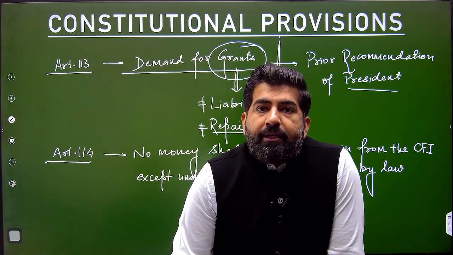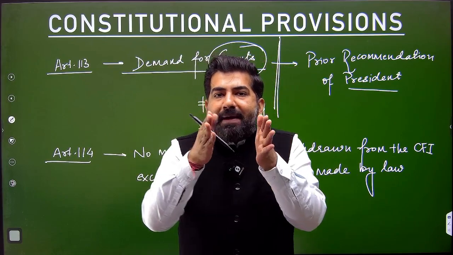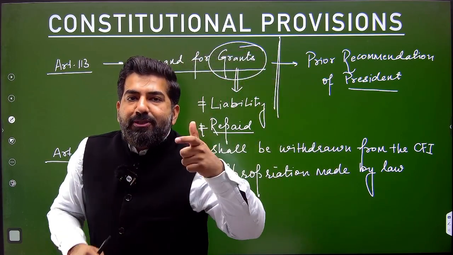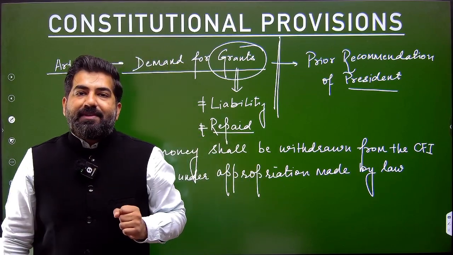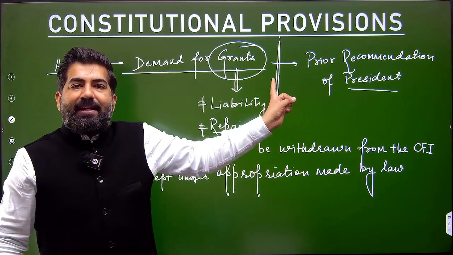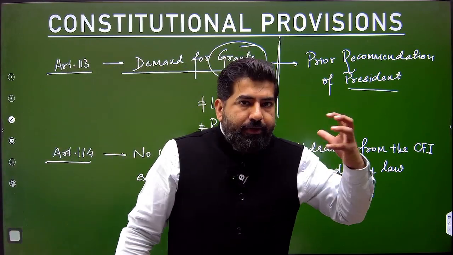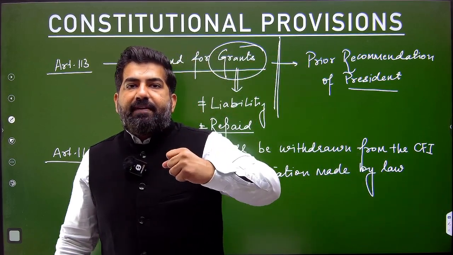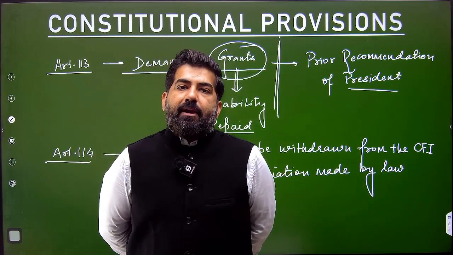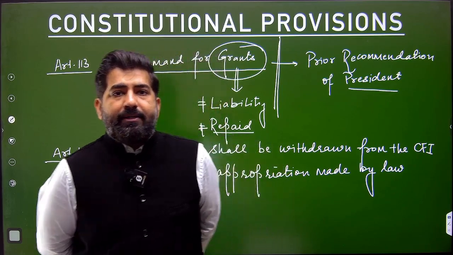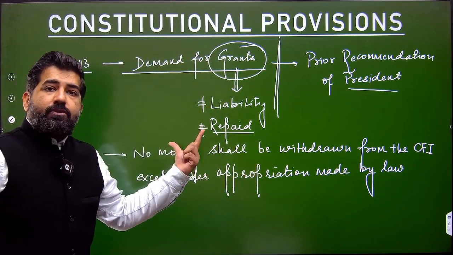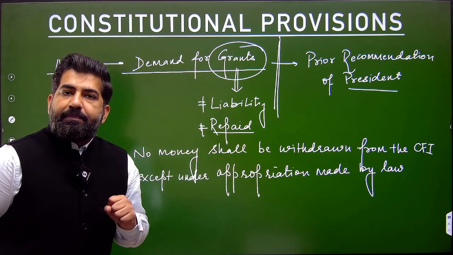That is why, when the budget is enacted, there is a process: the passage of the Appropriation Bill. The legislature, the parliament, has already approved the money, but no money shall be taken from the CFI except under appropriation made by law. Are you getting my point? This is what is known as enactment or the passage of the appropriation bill.